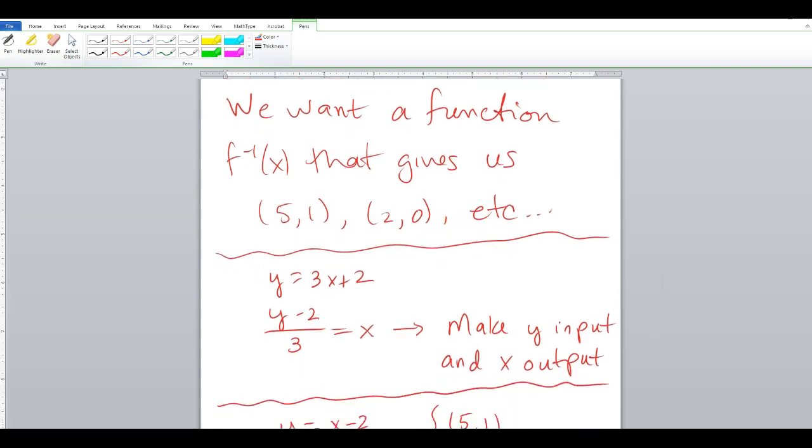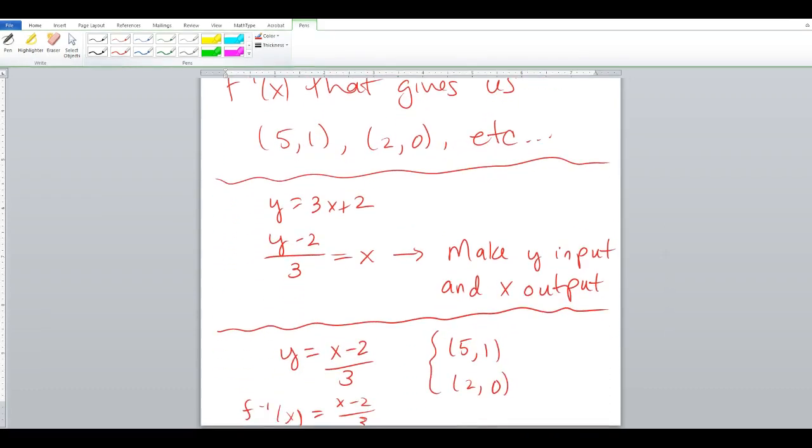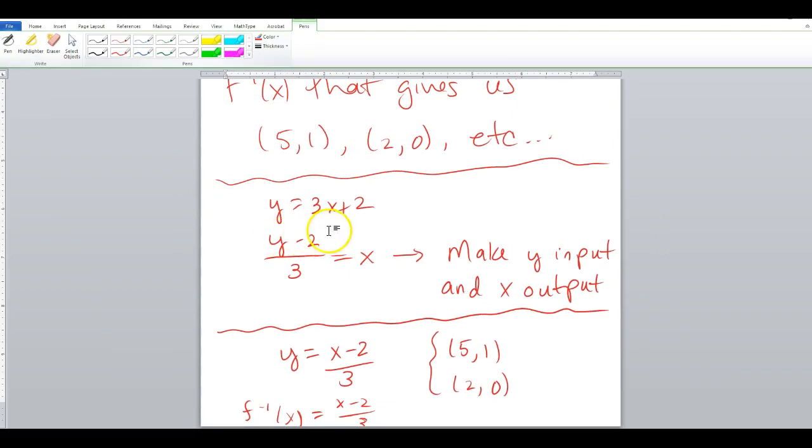Look what happens if you solve that linear equation for x. I bring the 2 over, I divide by 3, and I get x equals (y minus 2) over 3. This makes y the input and x the output.